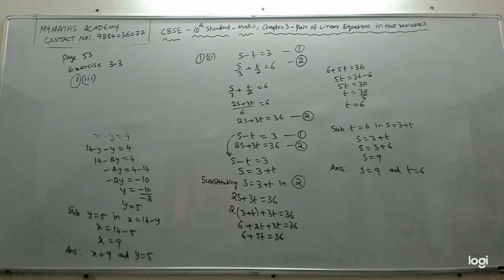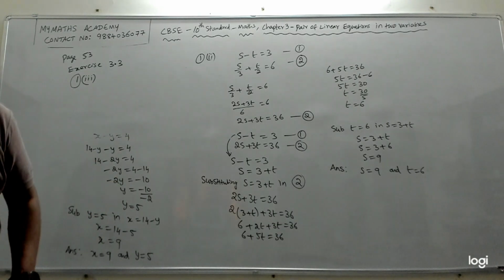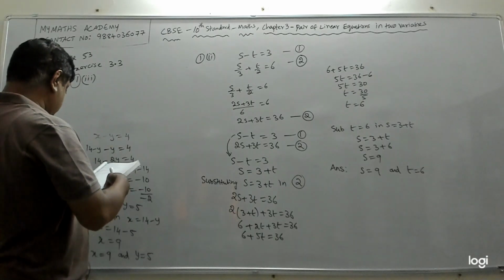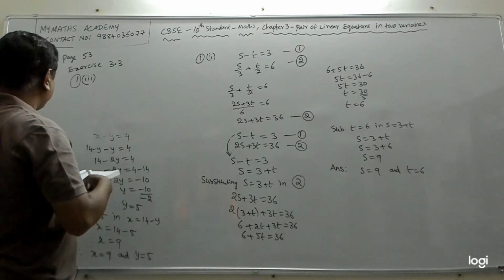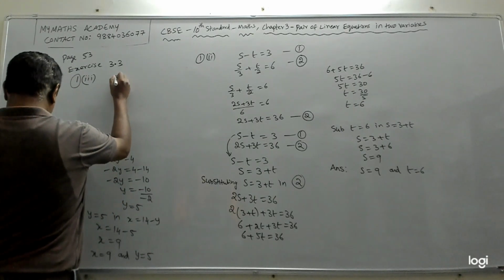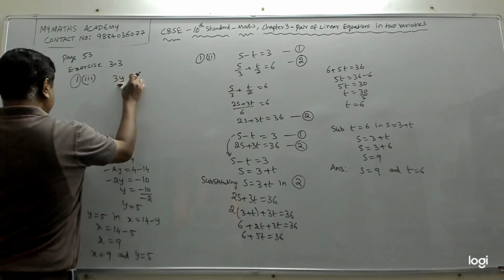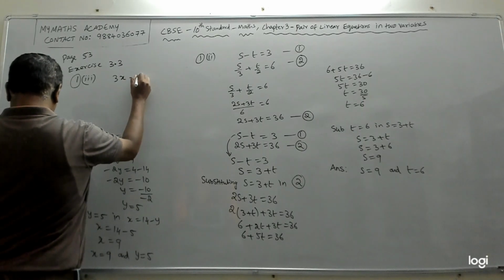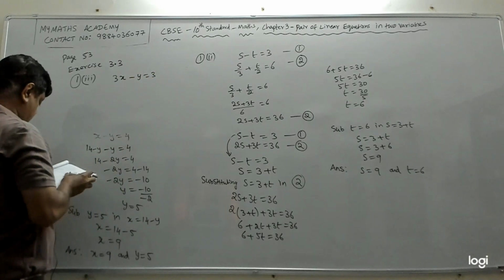Okay. So we will do the third problem. I think the question is 3x minus, I don't know, it's not printed properly in my book. So minus y, I don't know what it is. So we'll do that. So 3x minus y equal to 3.